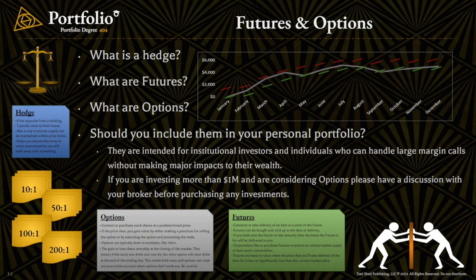So large institutional investors will also use futures because if they think that the commodities prices are going to continue to go up and that demand isn't going to soften, they'll go ahead and buy those futures and potentially even take delivery on them if they feel that holding on to those goods for longer periods of time is going to be worth it.